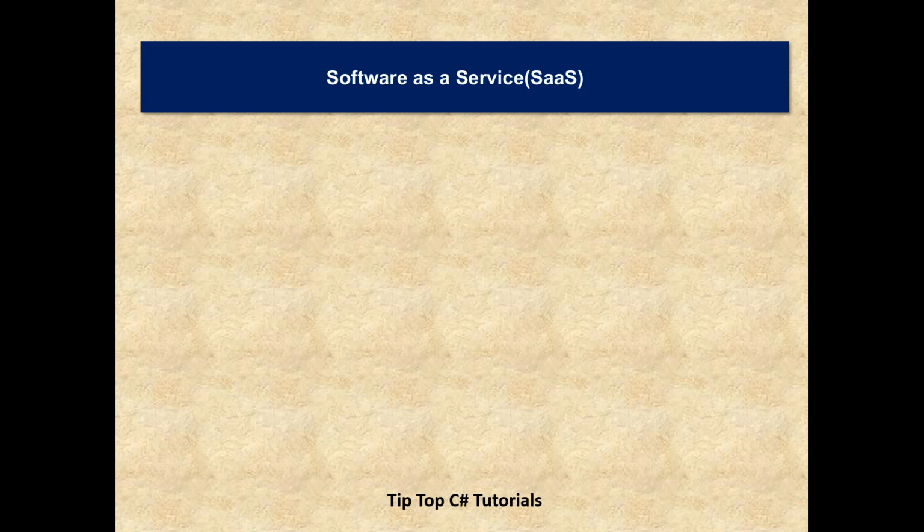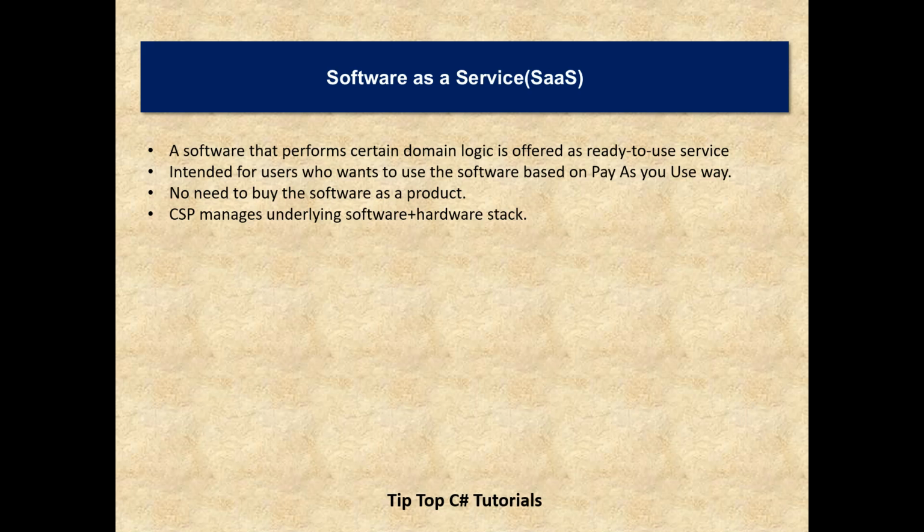The final service model, software as a service or SaaS. In this model, a software that performs certain business logic or domain logic is offered as a ready-to-use service. This is intended for users who want to use the software based on a pay-as-you-use model.